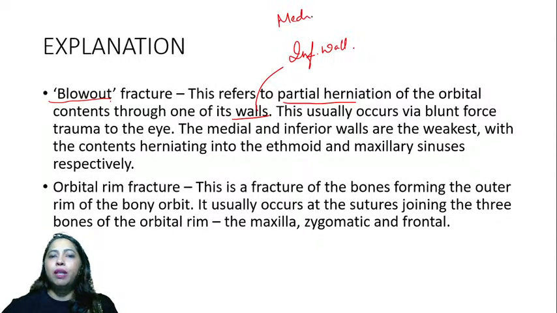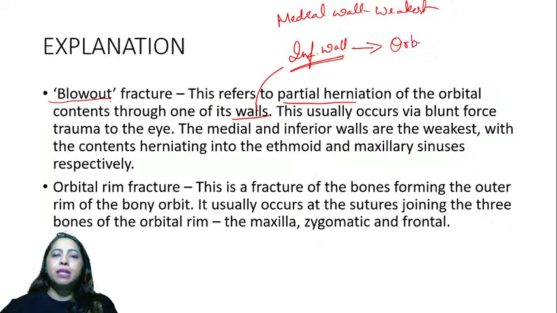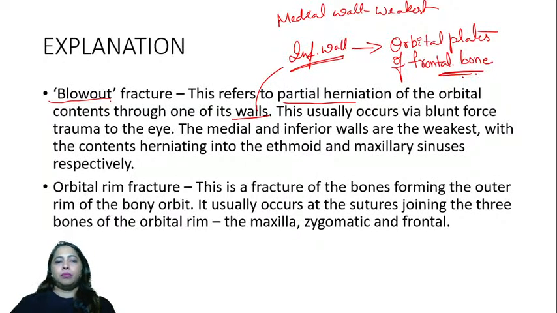Medial is the weakest wall. The inferior is also weak because of the presence of orbital plates. So this is what happens.